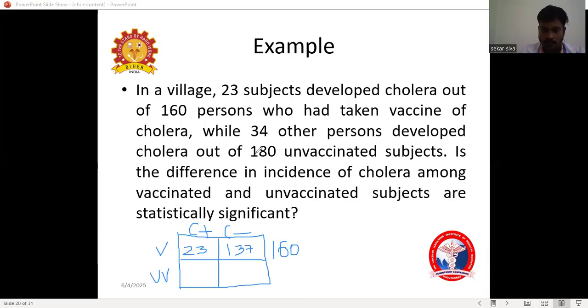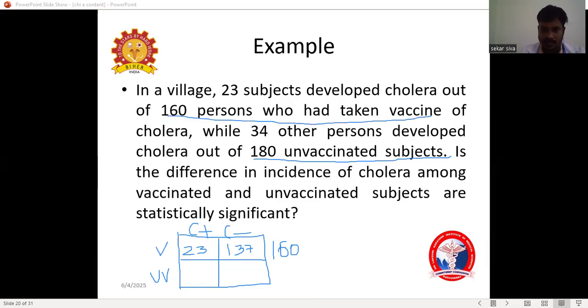While 34 other persons developed cholera out of the unvaccinated subjects, overall 180 unvaccinated subjects are there.